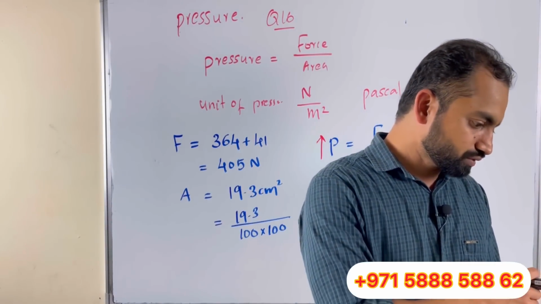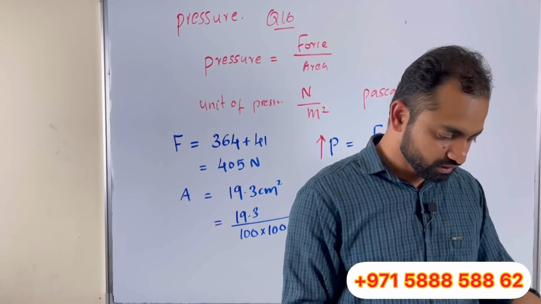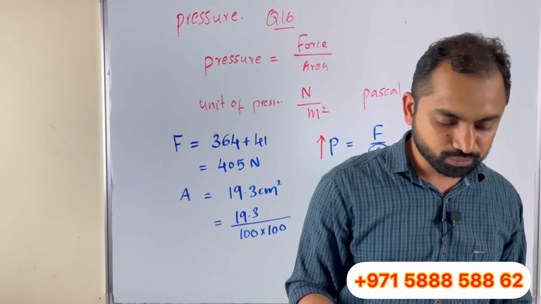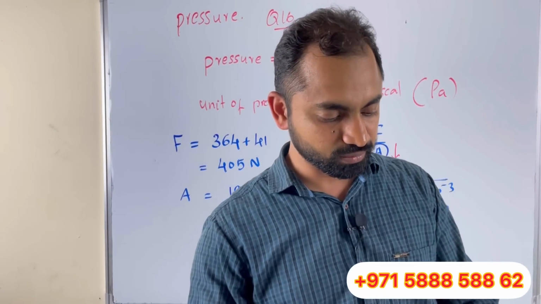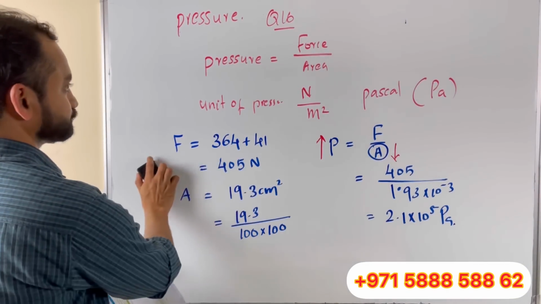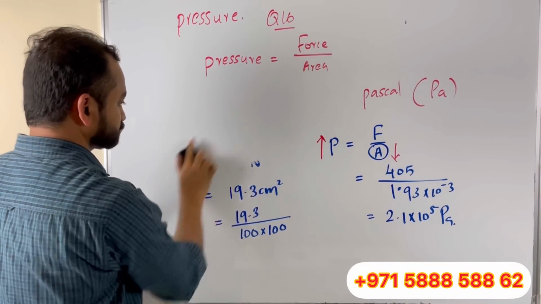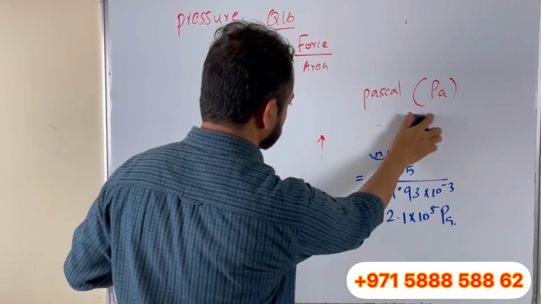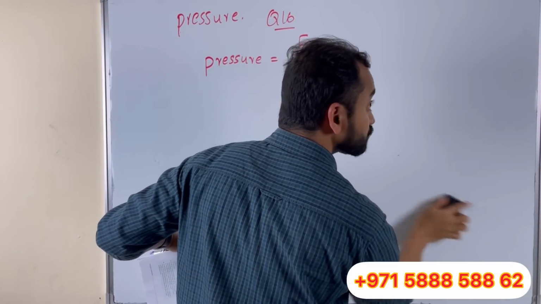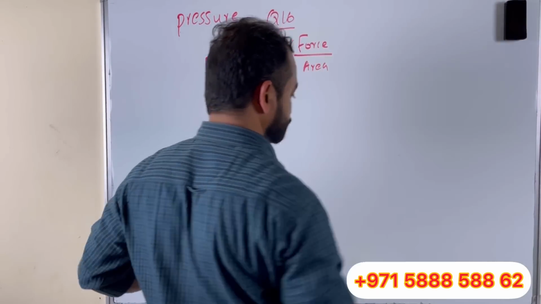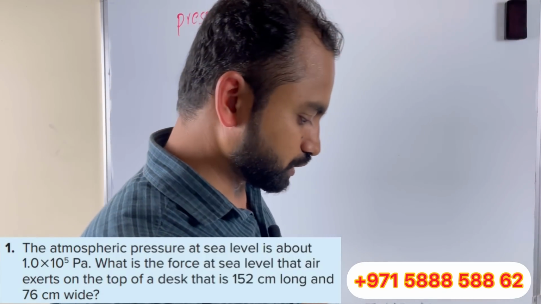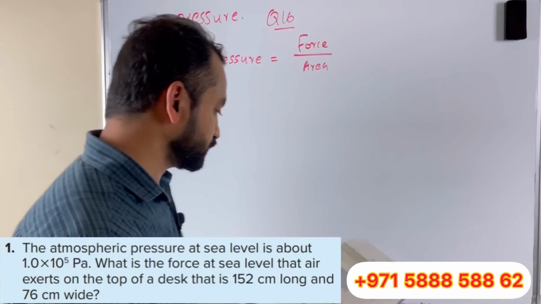Then we have some practice problems from the textbook, that is question number 1. The atmospheric pressure at sea level is about 1.0 times 10 to the power 5 Pascal.